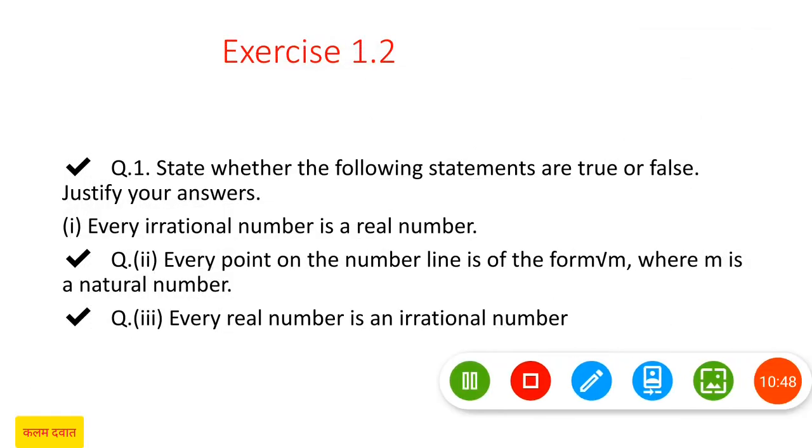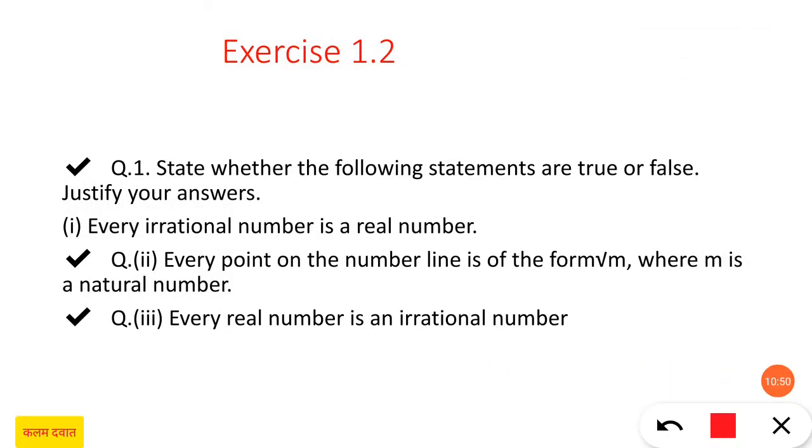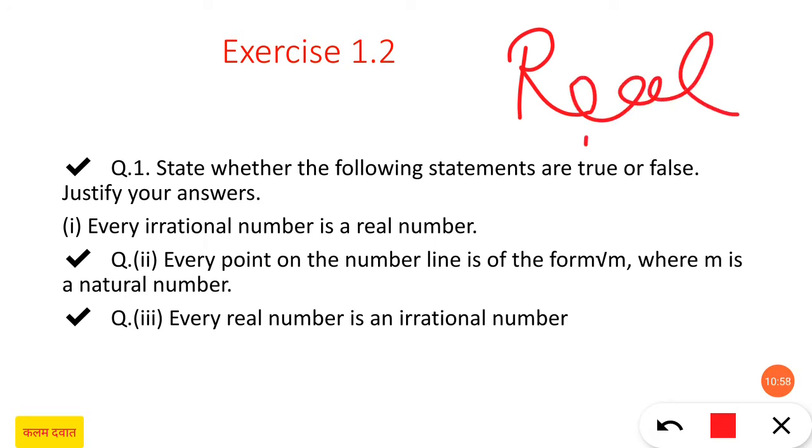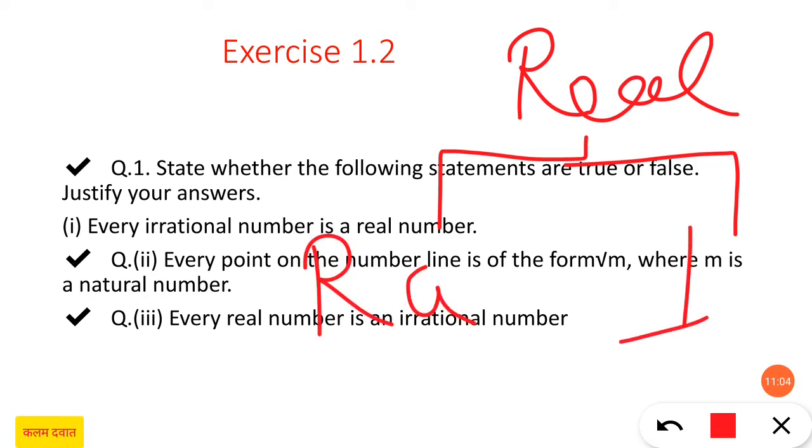Exercise 1.2. In this also we have to tell true or false with reason. Every rational number is a real number. Real numbers are the set of rationals and irrationals together. So every rational number is a real number. Next, every irrational number is a real number.